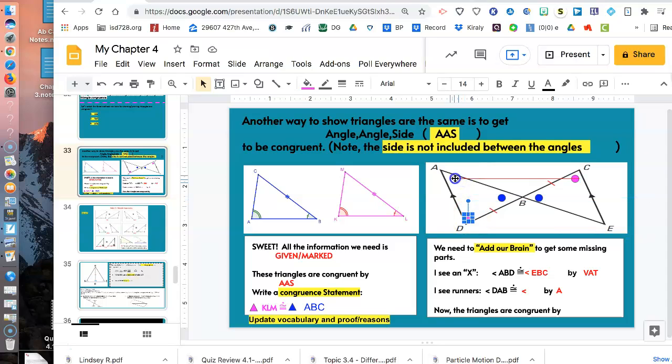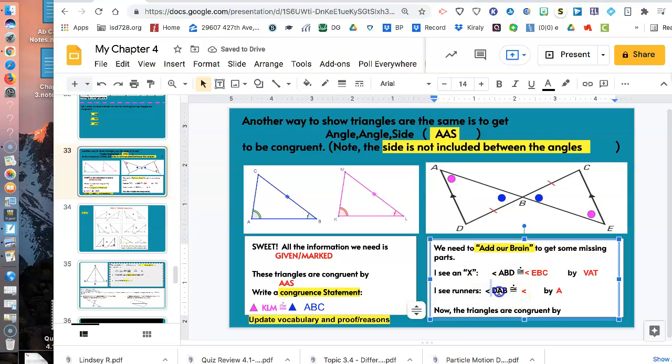But because we're on angle side today, I'm going to mark this pair of alternate interior angles the same. So I have marked angle DAB congruent to angle, match the corresponding parts, CBE, CEB, this bottom one in the pink, by alternate interior angle theorem.